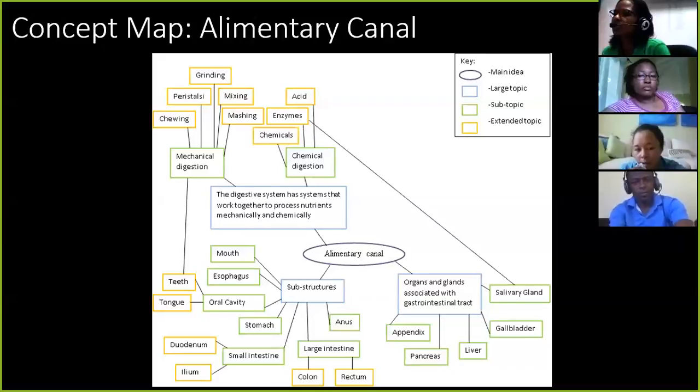We can use the substructures as a hierarchy. You start from the mouth, go through the oral cavity. You know what I mean? That could be like a hierarchy going from the mouth to the oral cavity, to the esophagus, to the stomach, to the intestines, and then out through the anus. Right. Yes. Thank you, Ava. You're welcome. All right.